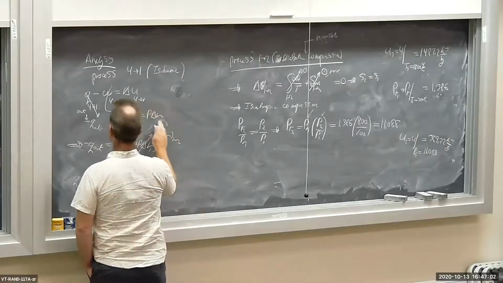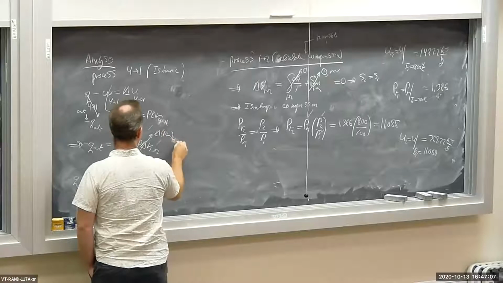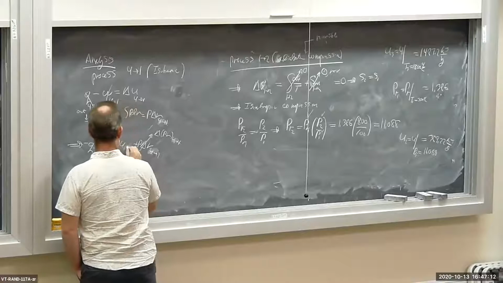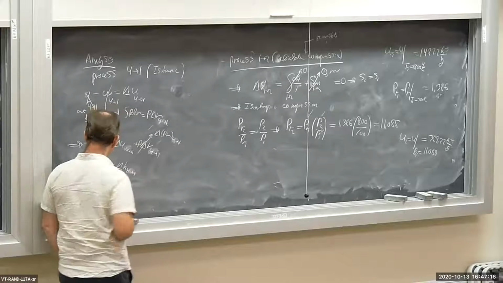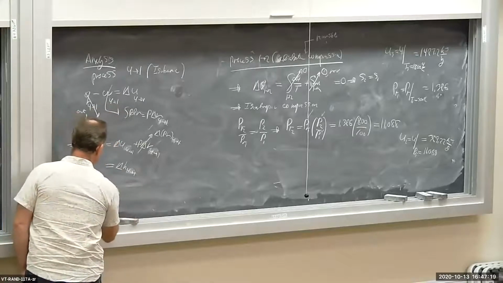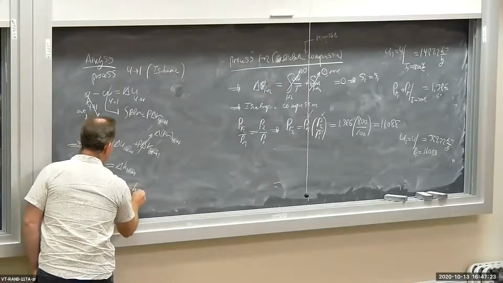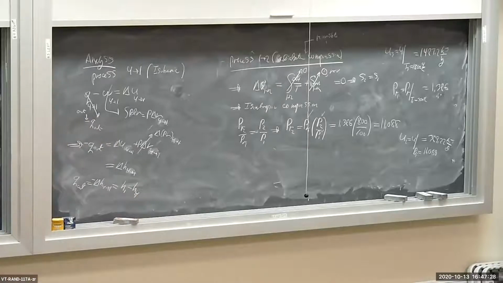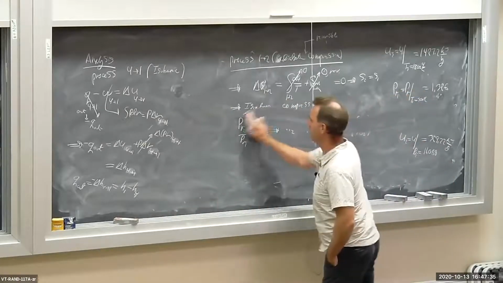Okay, delta H from 4 to 1, which is equal to H1 minus H4.